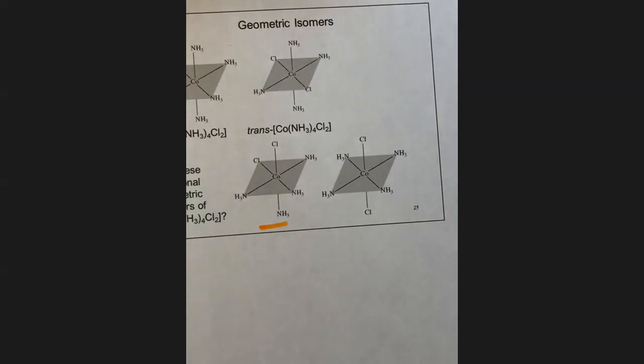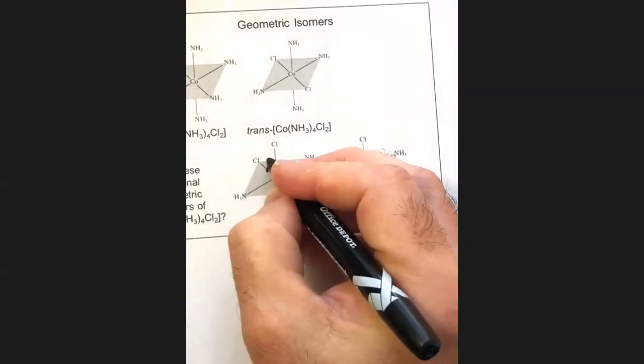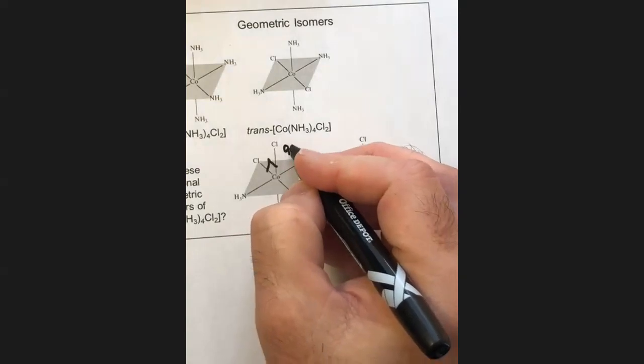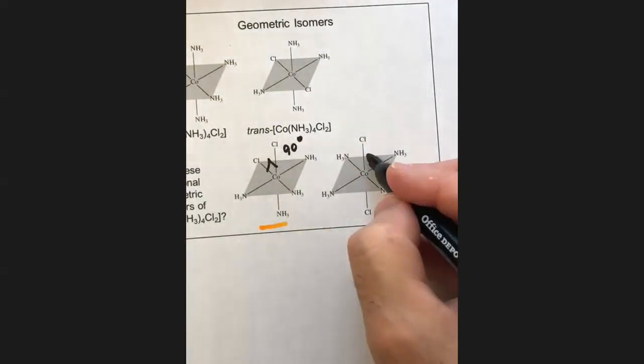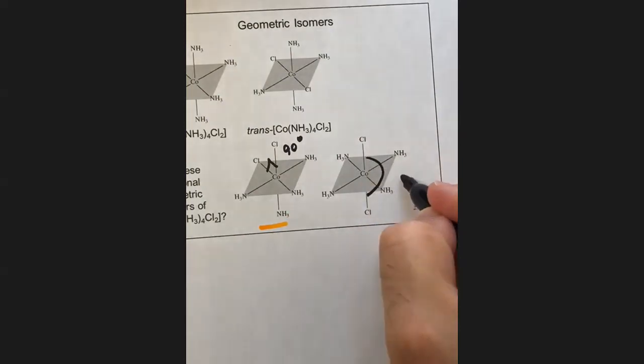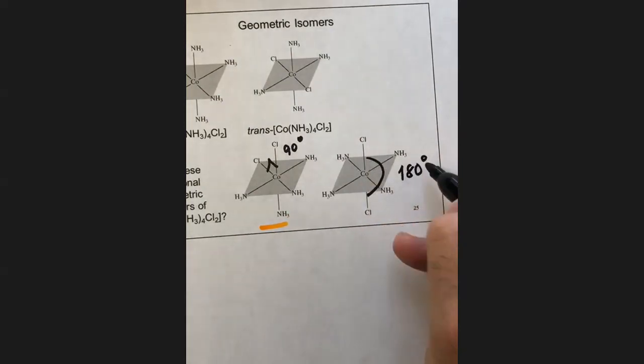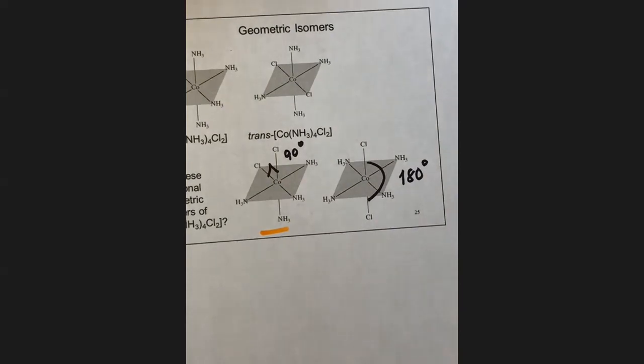In the cis isomer, you have a 90-degree angle between the ligands or donor atoms. And in the trans one, you have a 180-degree angle. As long as you have that, you know that you have either a cis or a trans isomer. Okay, cool. All right, let's go back to our PowerPoint.